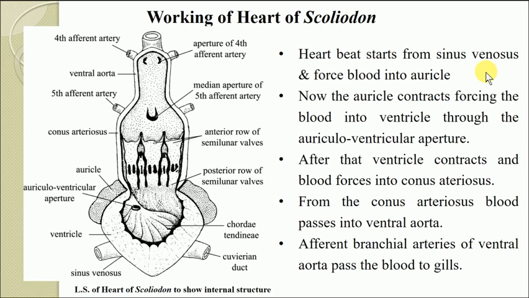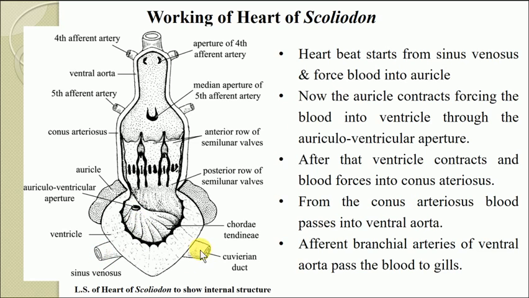Once the contraction occurs, the blood is forced directly into the auricle through the aperture which is guarded by the valve known as the sino-auricular valve. And after the complete contraction of the sinus venosus, blood enters into the auricle.